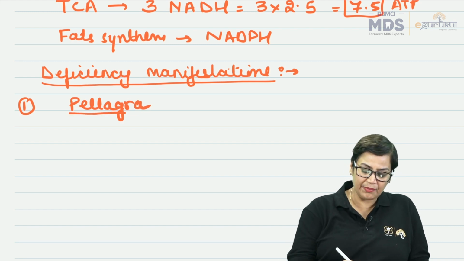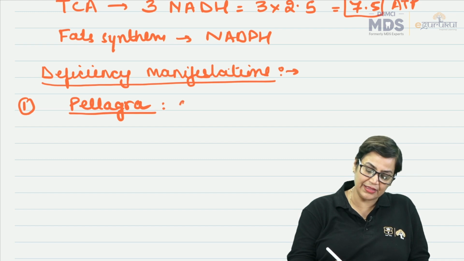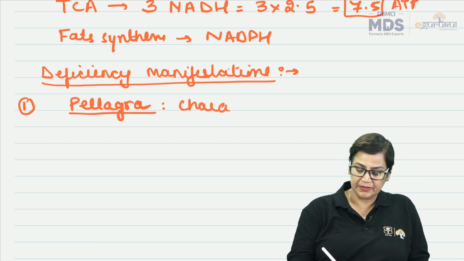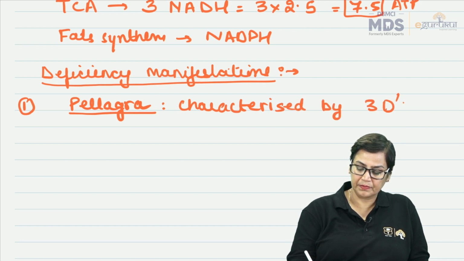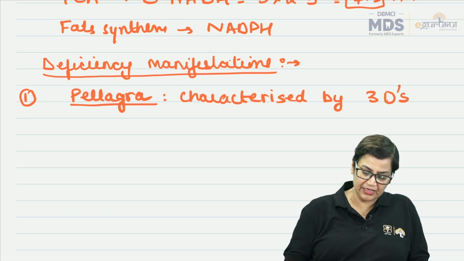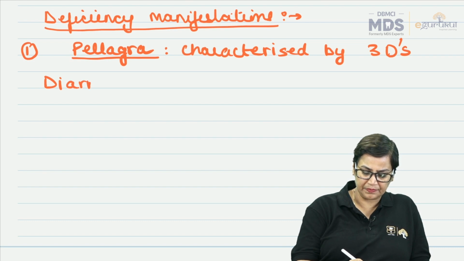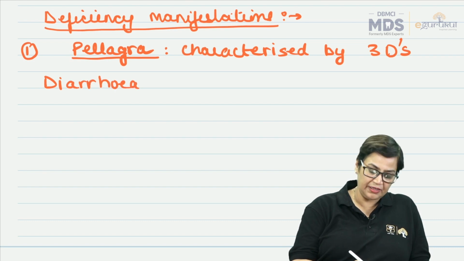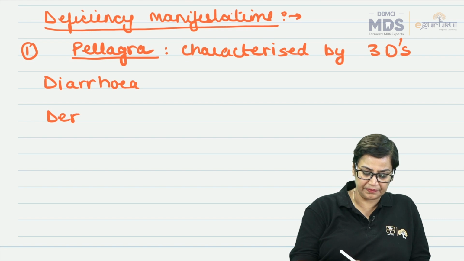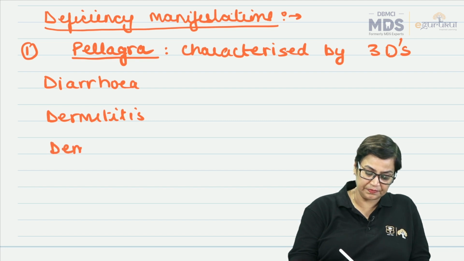Now, what happens in pellagra? It is characterized by 3Ds. And what are these 3Ds? Diarrhea, dermatitis, dementia, right?